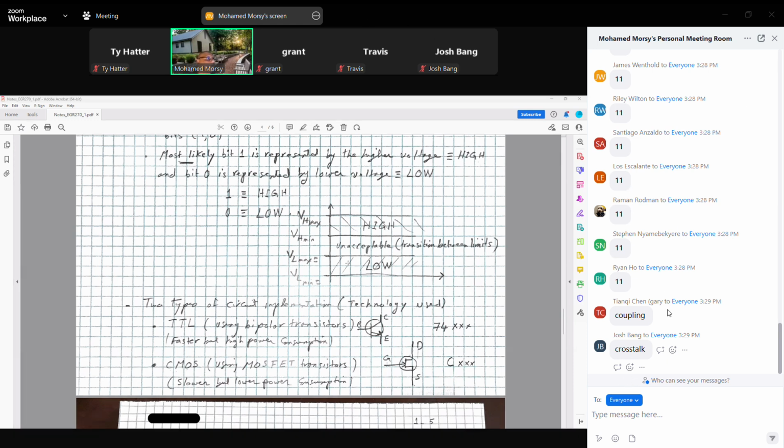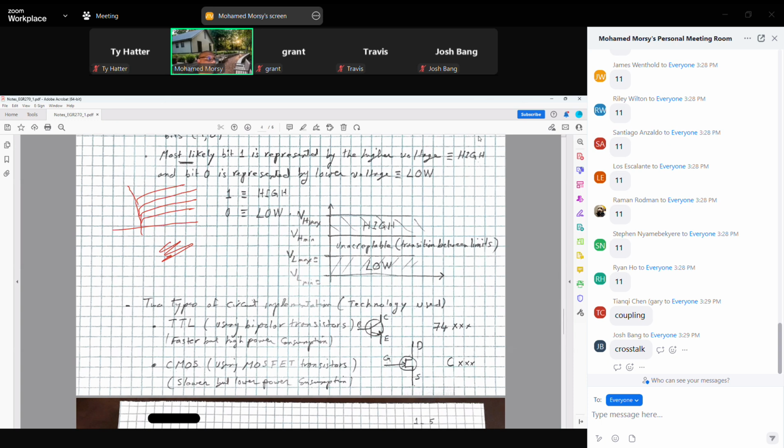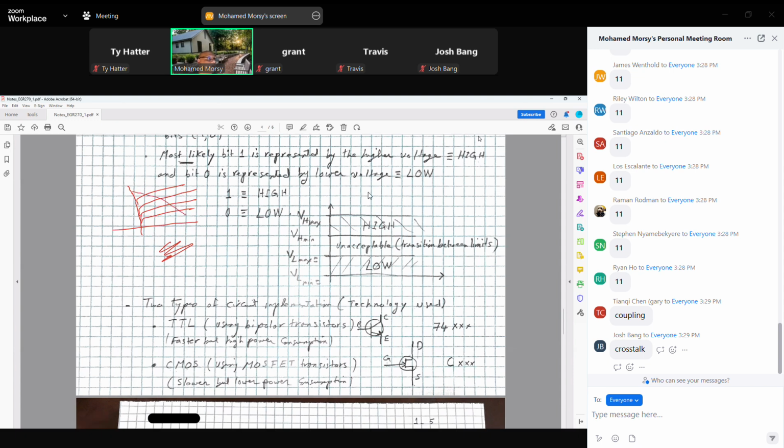For the curves of the transistors, okay. So you have these curves of the transistor, any transistor like the one we drew before, and we have a load line here.